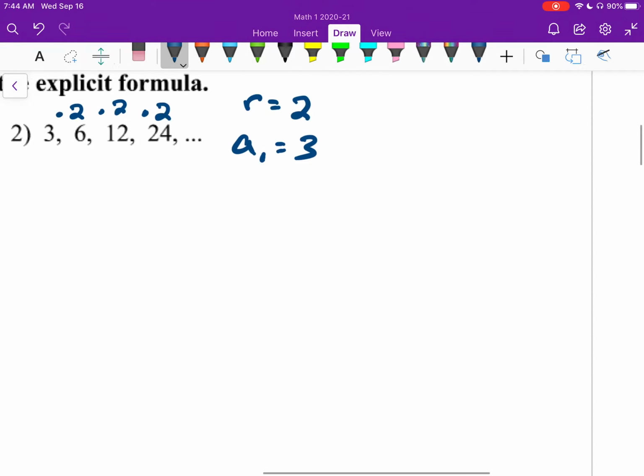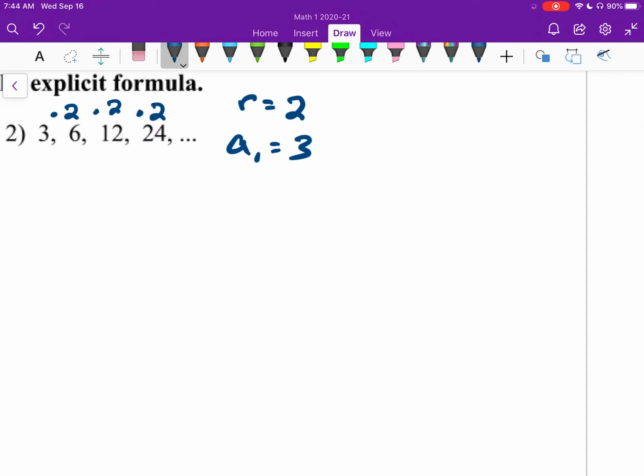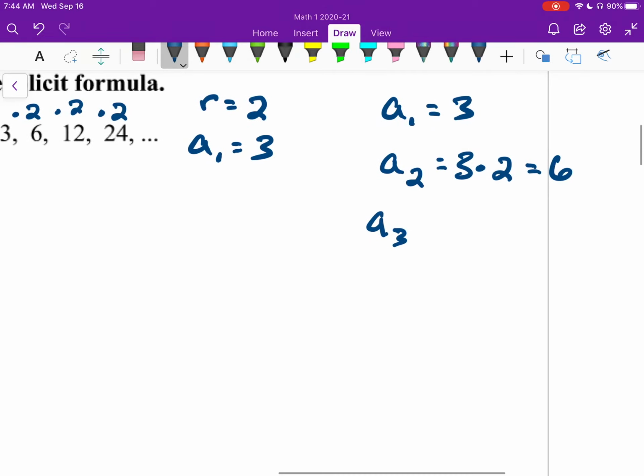Now we have to think about what happens whenever we are getting these different terms. Well, a sub 1 just equals 3. That's plain and simple. A sub 2 equals 3 times 2, which is 6. A sub 3, we could talk about that being 3 times 2 times 2, which is 12, right?